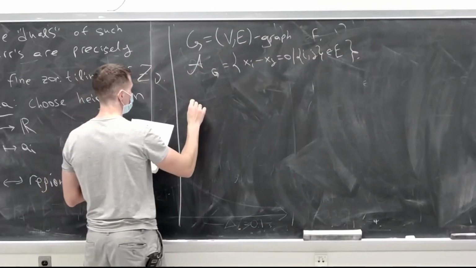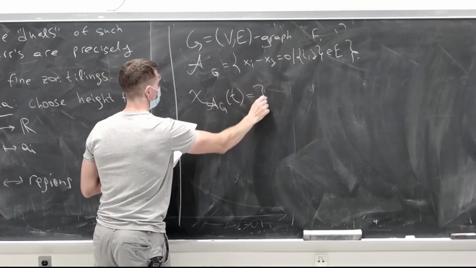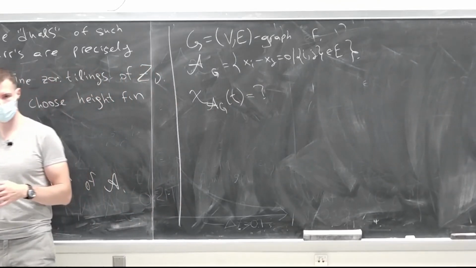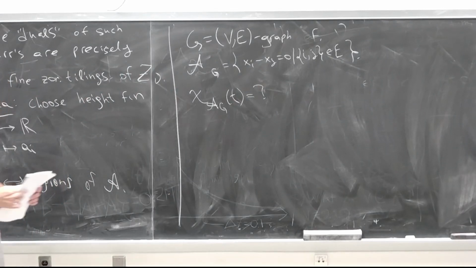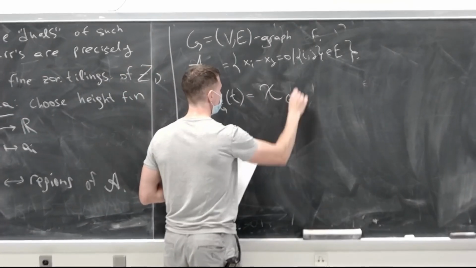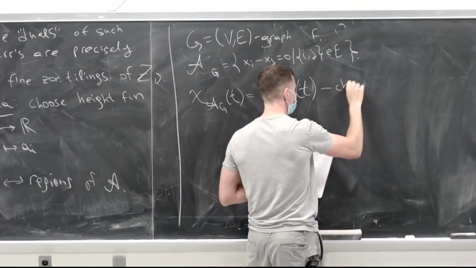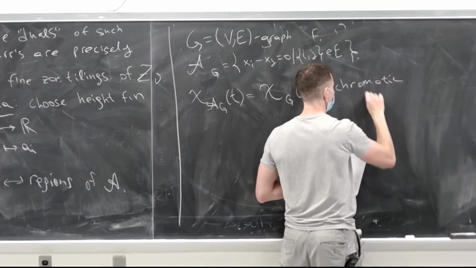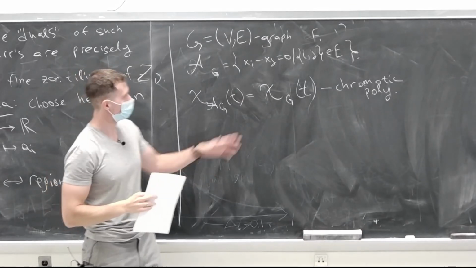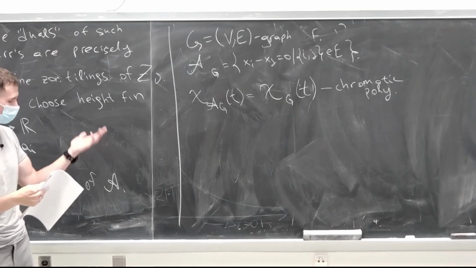So the question is, what is the characteristic polynomial of the corresponding hyperplane arrangement in terms of G? Chromatic polynomial. Interesting. Yeah, that's actually true. It equals on the nose the chromatic polynomial. And why, by the way? Yeah, because of deletion-contraction, it actually corresponds to the chromatic polynomial. And yeah, so I'm going to explain this next time.